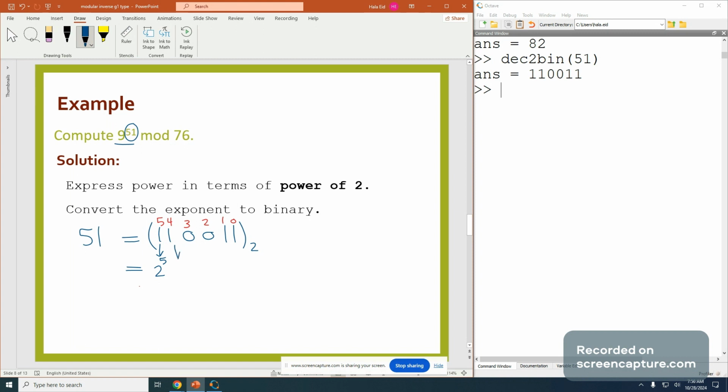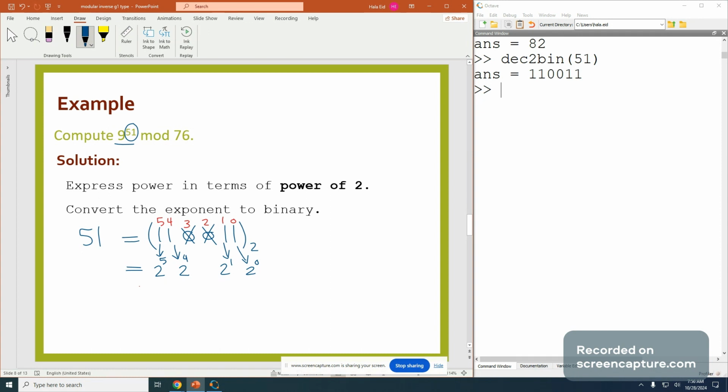And this one is equal to 2 to the power of 4 times 1. This is 2 to the power of 3, but times 0. So anything that is 0 is not going to make any value in my final answer. I can just skip it. Let's go to the next one. This is base 2 to the power of 1. And this is base 2 to the power of 0.